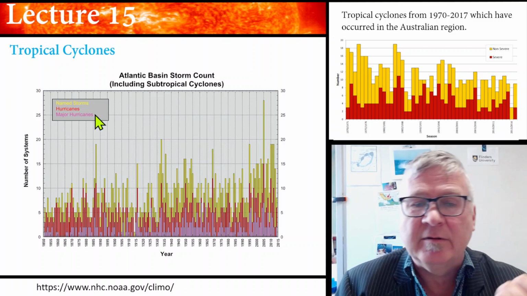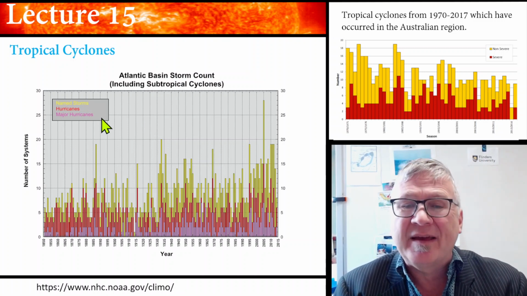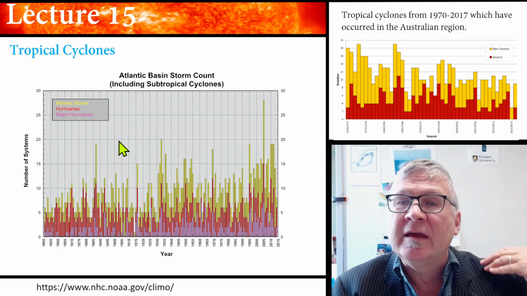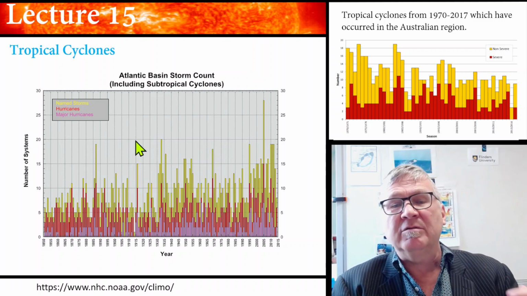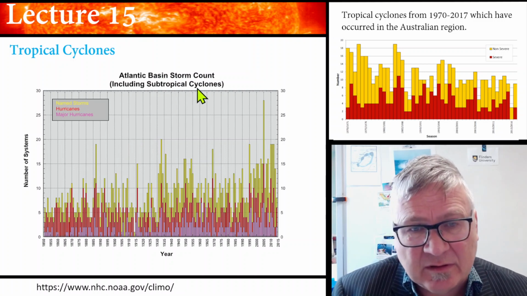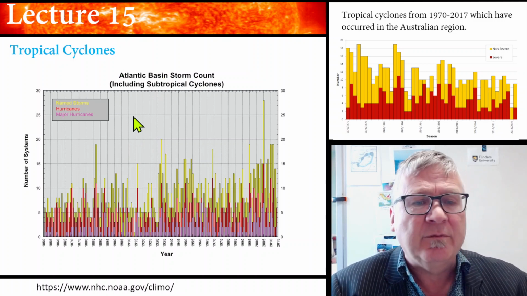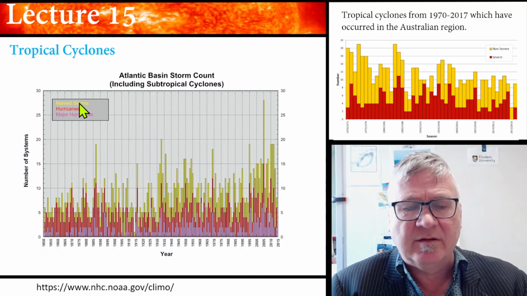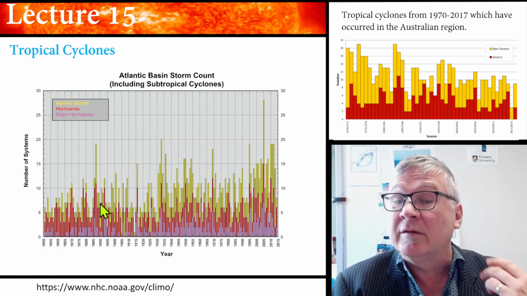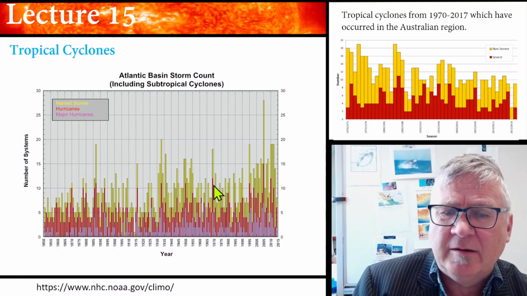This one on the left talks only about the Atlantic Basin storm count. So we're in the Atlantic Ocean, in the warm water. It includes subtropical cyclones, a little bit further away from the equator, and you get named storms, hurricanes, major hurricanes in this list. And now you're asked to interpret what's happening.